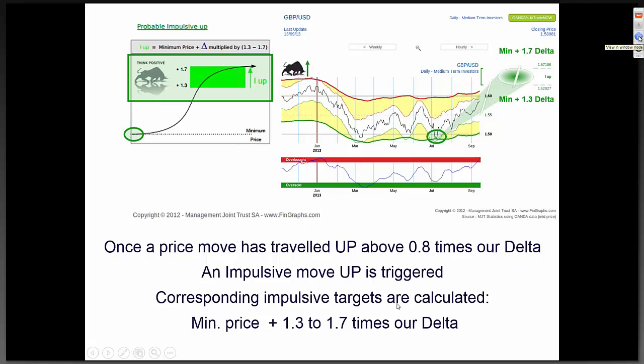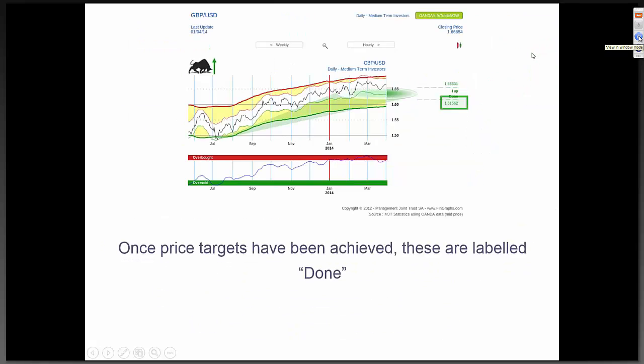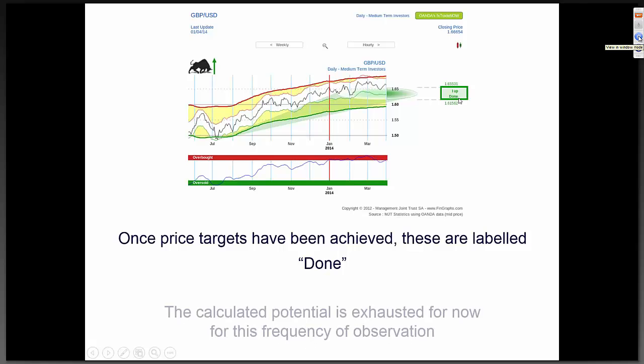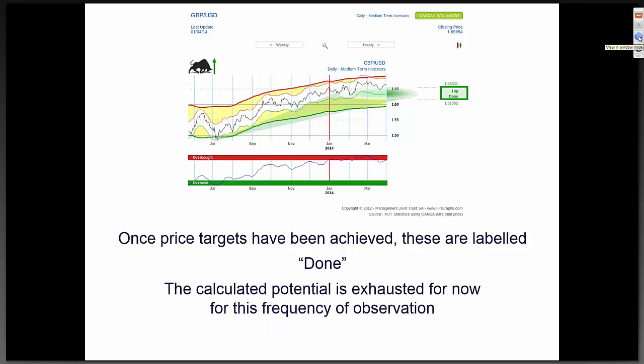These are calculated as minimum price plus 1.3 to 1.7 times delta. Once price targets have been achieved, these are labeled done. Impulsive up done. The calculated potential is exhausted for now for this frequency of observation.